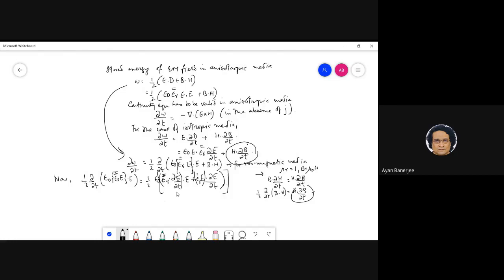So that basically means I can write this as equal to epsilon naught epsilon r E dot del E del T, which again implies that I have to have, this is very crucial.